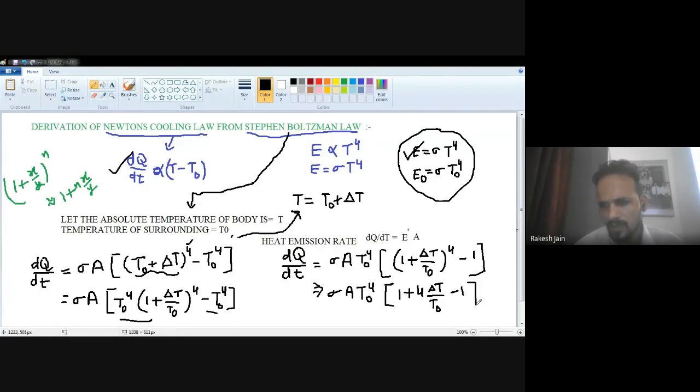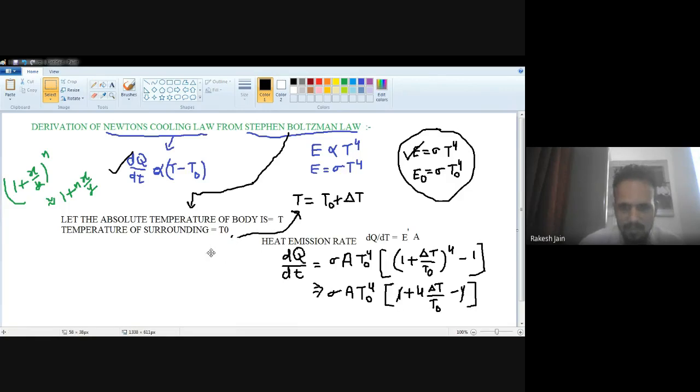So what will happen? Now this 1 and 1 will be cancelled out because they are of opposite sign. And we will have, I just remove this left hand side so that we will be able to understand this thing.